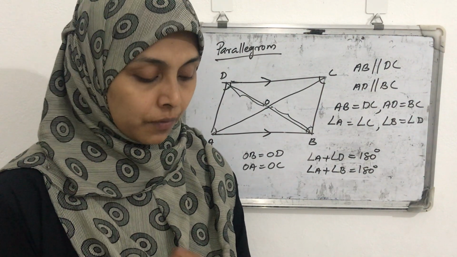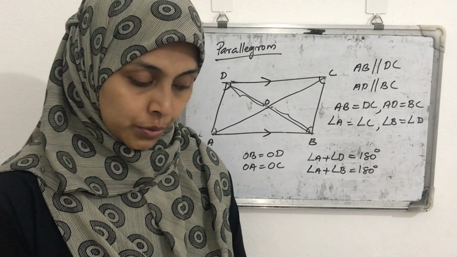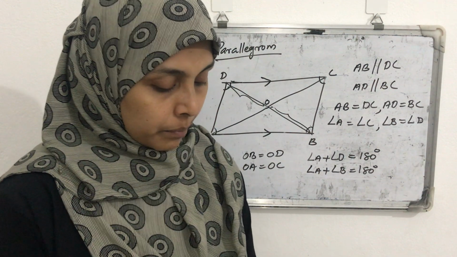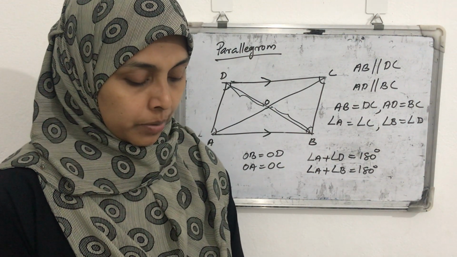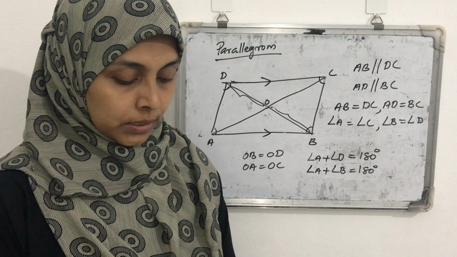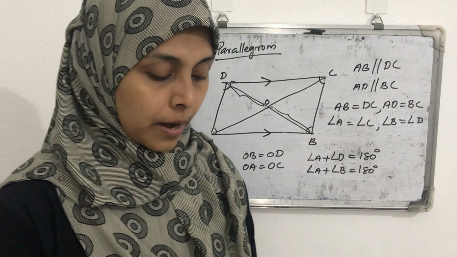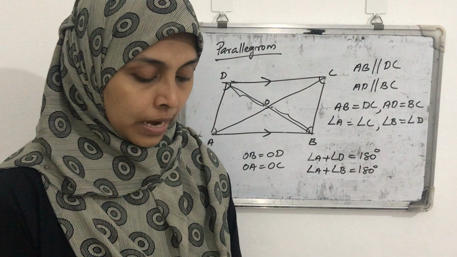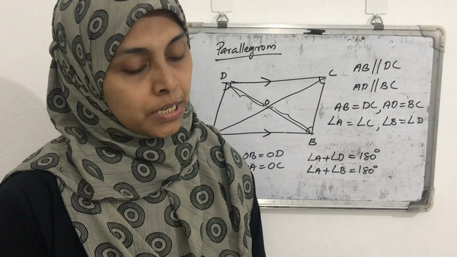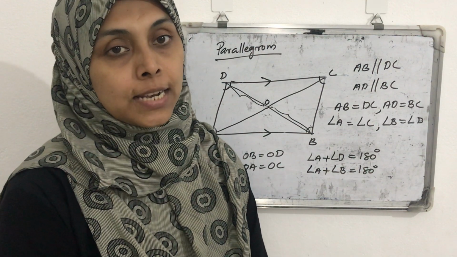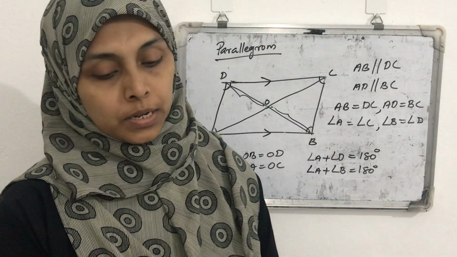Using that property we can say OC is equal to OA. Then the measure of angle DAB plus the measure of angle CDA, that is angle A plus angle D, will be how much? Yes, 180 degrees, using the property that adjacent angles form supplementary angles.